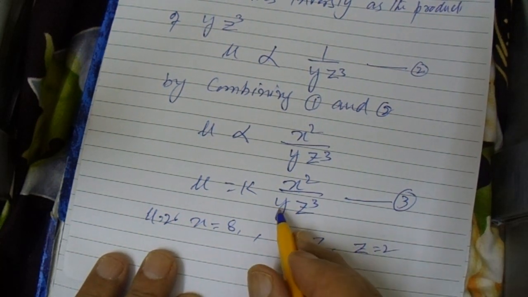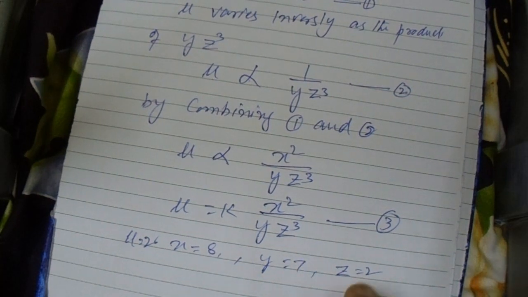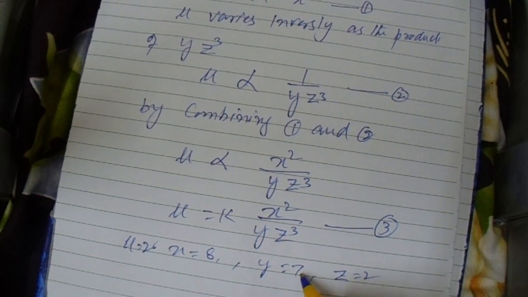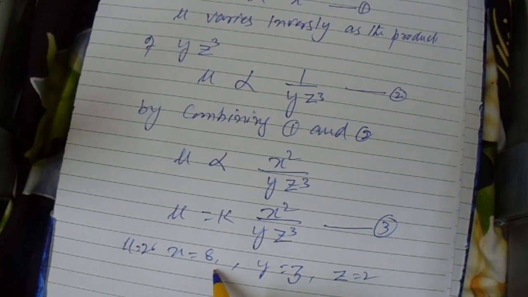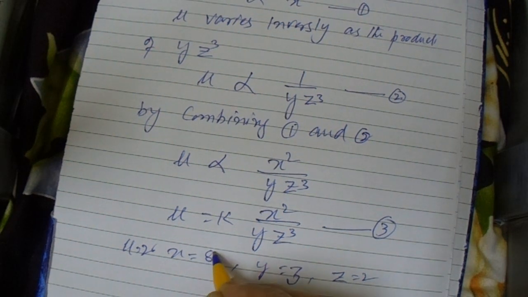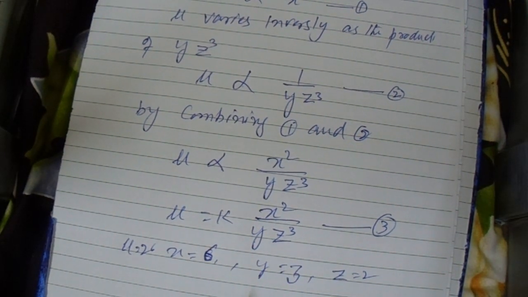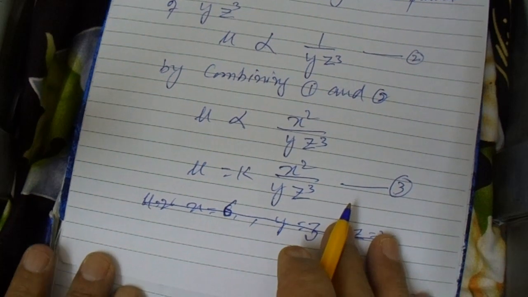We put these values here. I wrongly wrote here, not this. We again write the values.